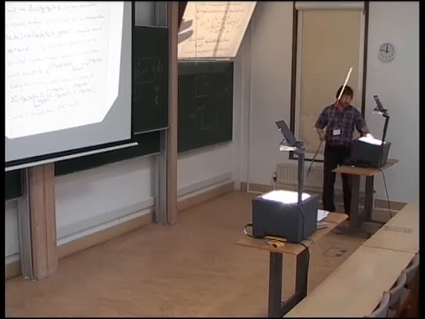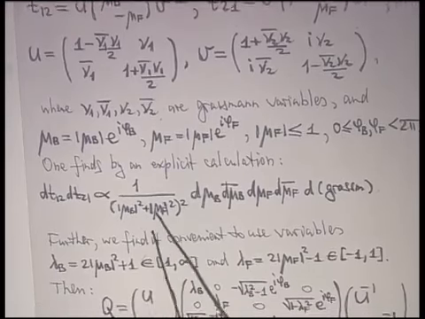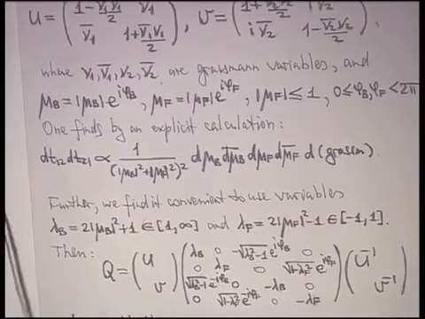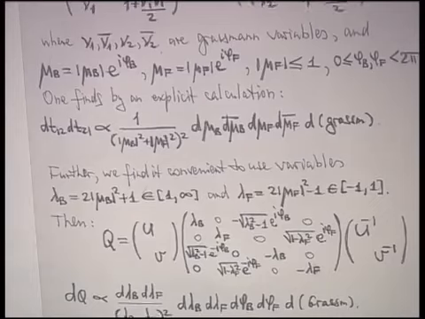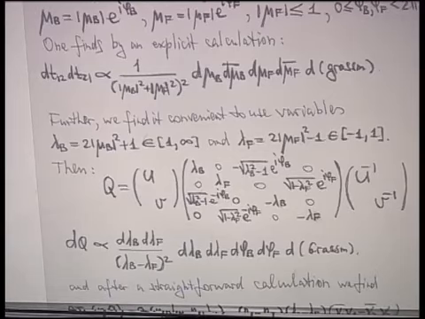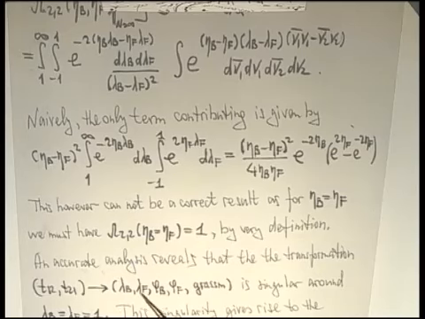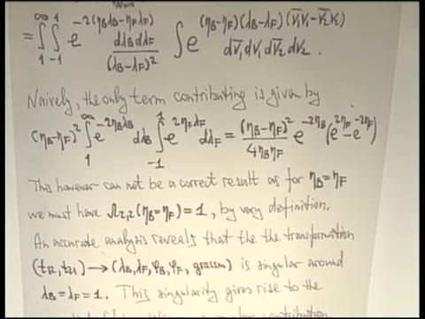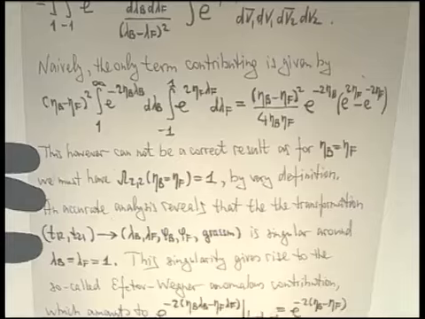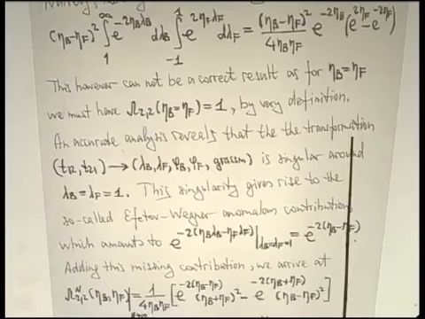Our transformation is singular at the point where mu b and mu f are equal to each other, equal to 0. It's also clear from the presence of this measure, but if you do this calculation, you will see that it is in fact singular. In terms of these lambdas, the point of singularity is lambda b equal to lambda f equal to 1.